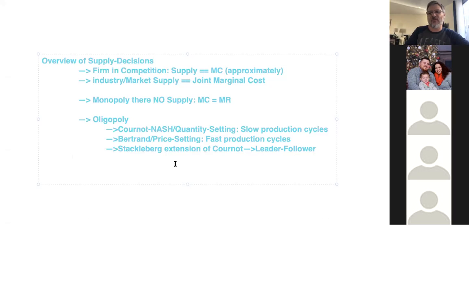So this is our overview. There's one thing that we should point out first. We're not doing a simple Cournot Nash equilibrium in the same way that maybe you're used to.